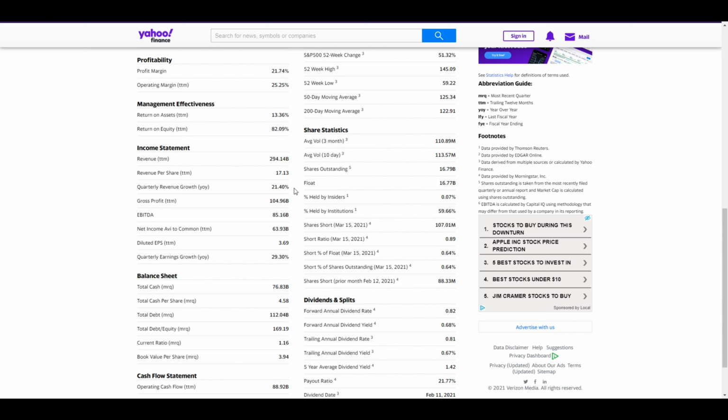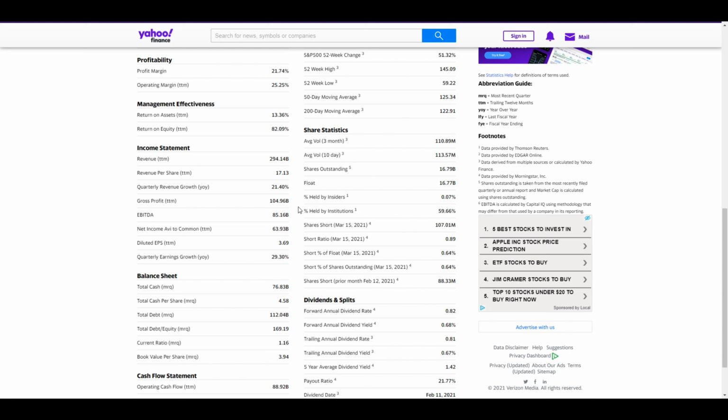So this is showing you that the quarterly revenue growth is up 21% from a year ago, which is pretty good. Gross profit is $104 billion. And again, gross profit is just the sales minus costs of goods sold.